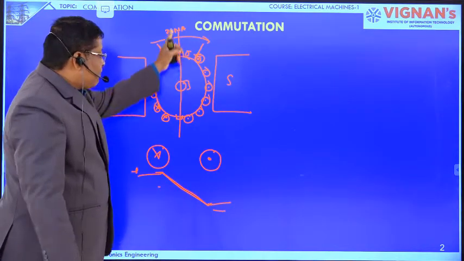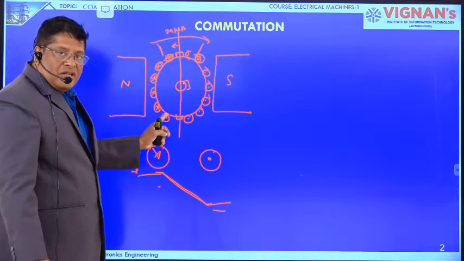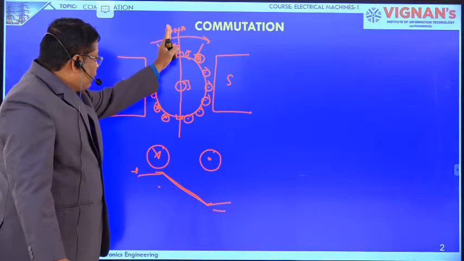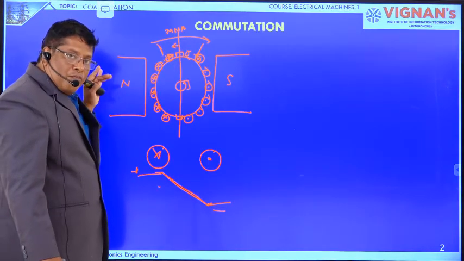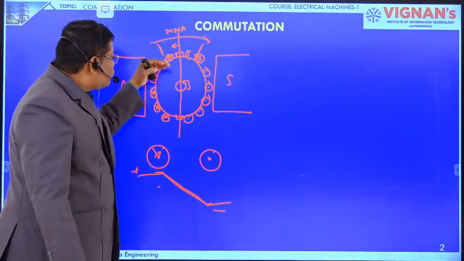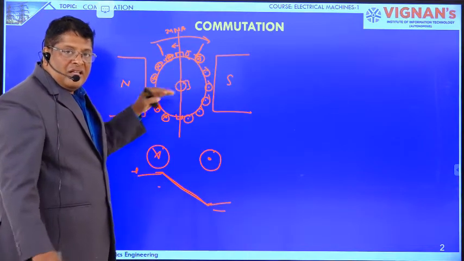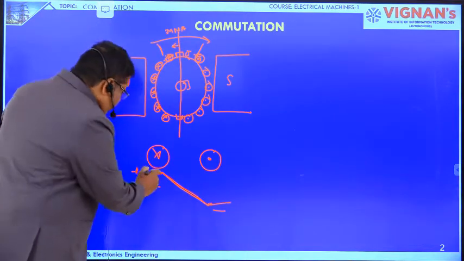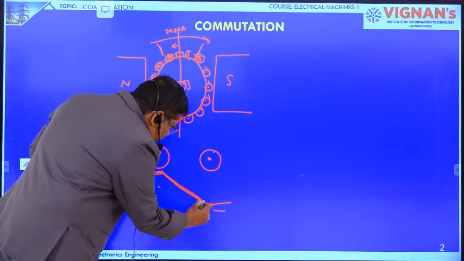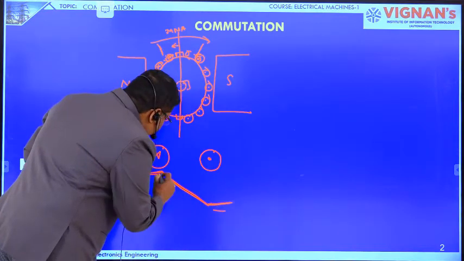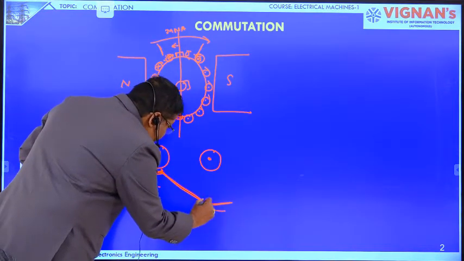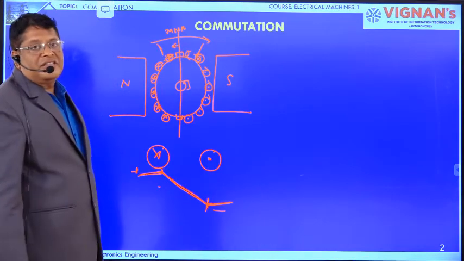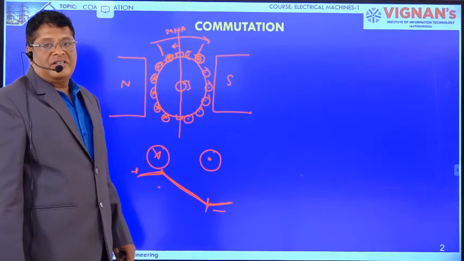Across the brush axis, when the conductor is passing through the brush axis, the current in the conductor changes from the positive value to the negative value. This is nothing but commutation.